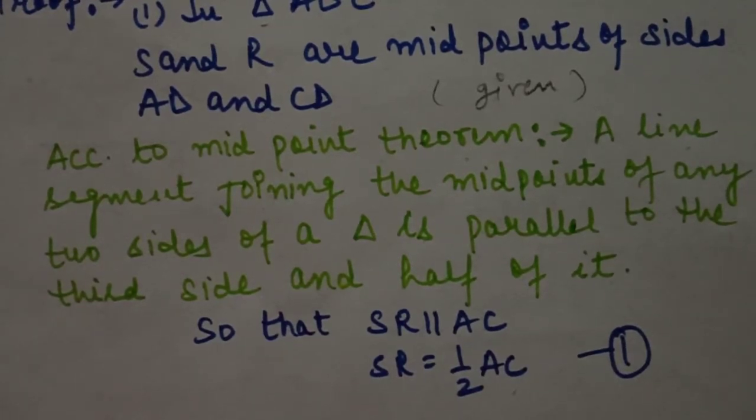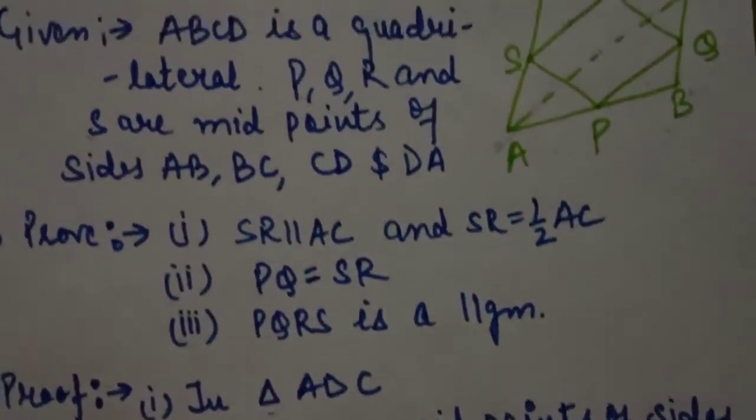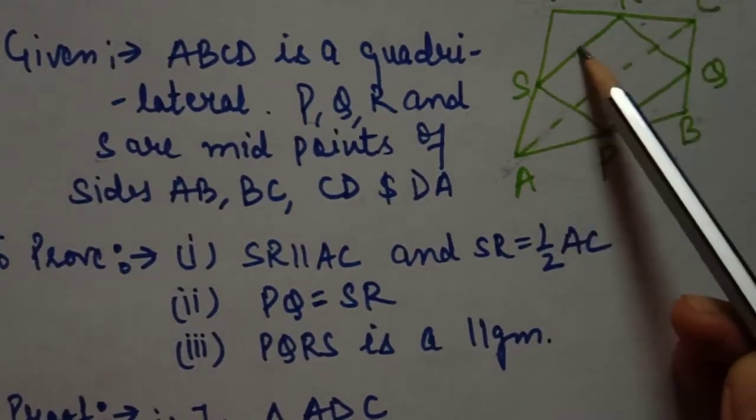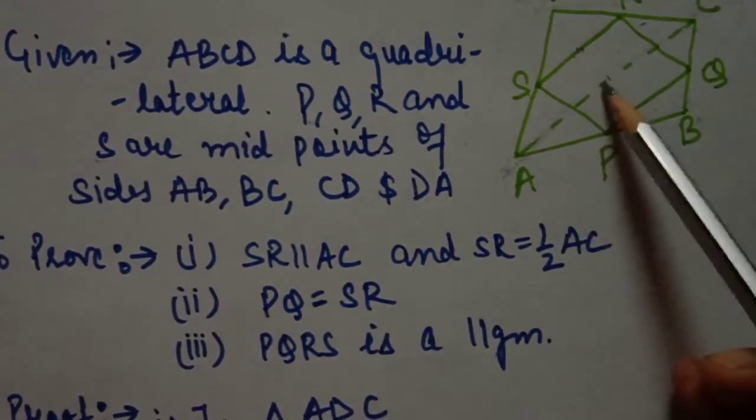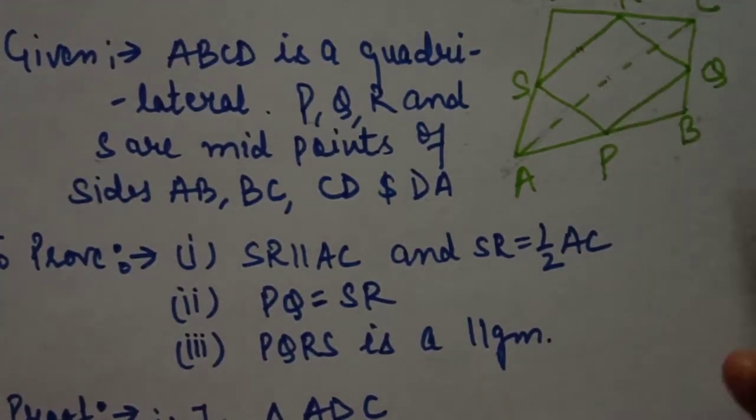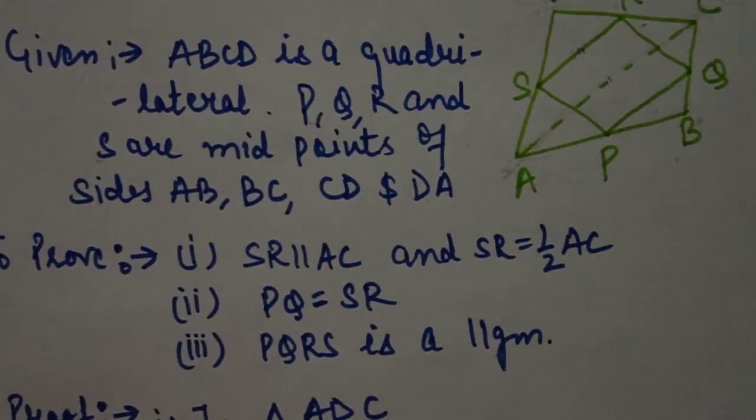In the second part, we have to prove that PQ and SR are equal to each other. Students, we have already proved that SR is parallel to and half of AC. If we prove that PQ is also parallel to and half of AC, then definitely they both are equal to each other.